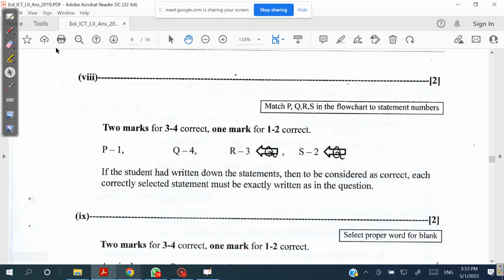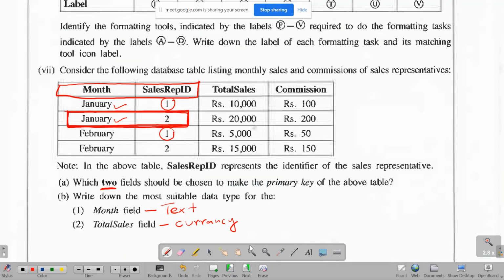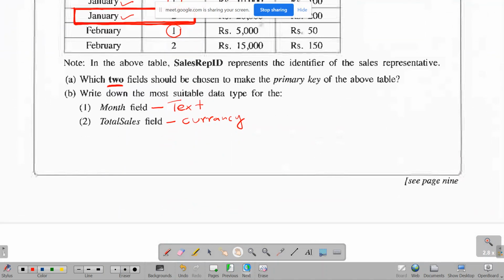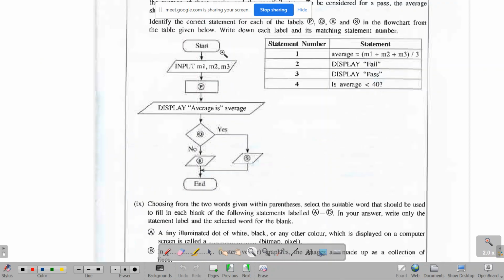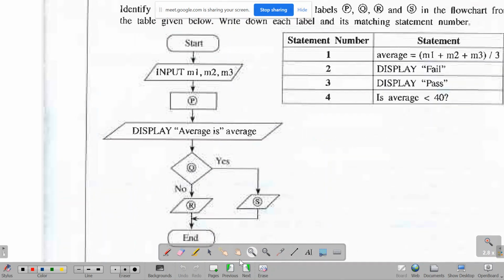Okay, so we are moving to the 8th question. The 8th question is considering a flow chart.